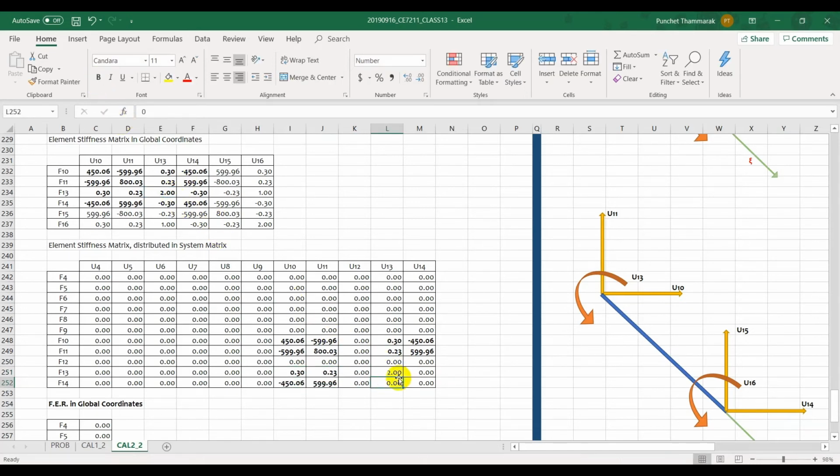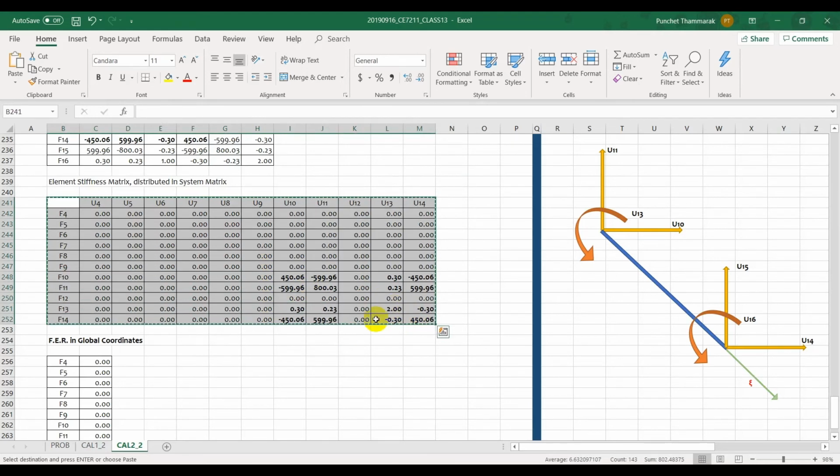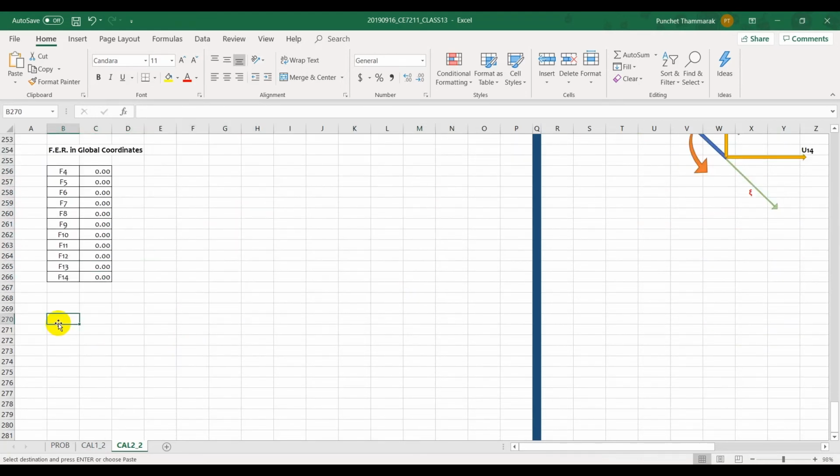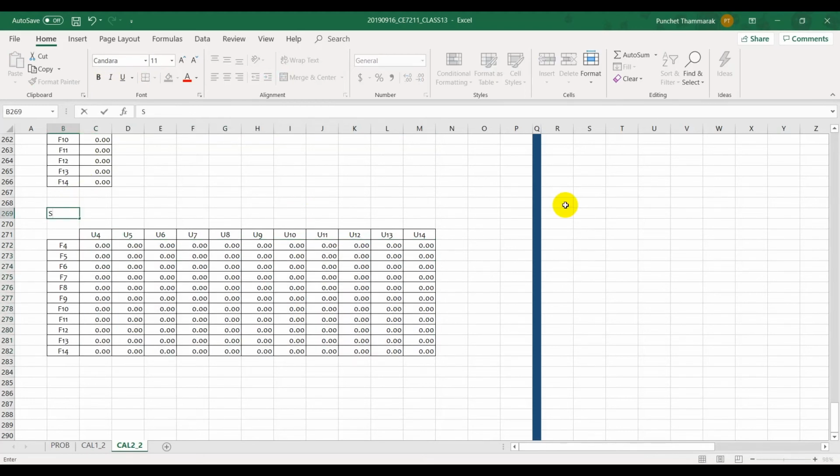And the last one. Now we can set up the global system, the system of equilibrium equation.